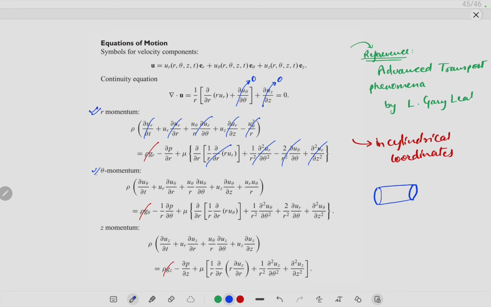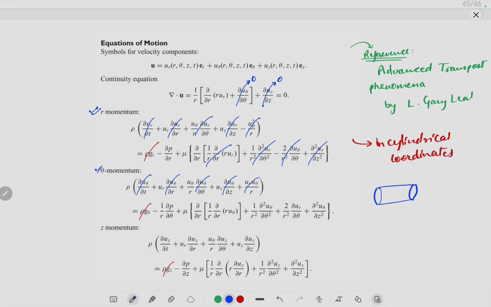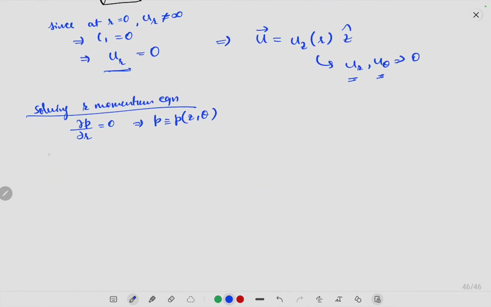So u_theta is 0, this is 0, this is 0, this is 0, this will also be 0 since u_theta is 0, u_r is also 0, so this will also be 0. So what will we be left with? We're left with del p by del theta equal to 0. So solving the theta momentum equation, we get del p by del theta equal to 0.